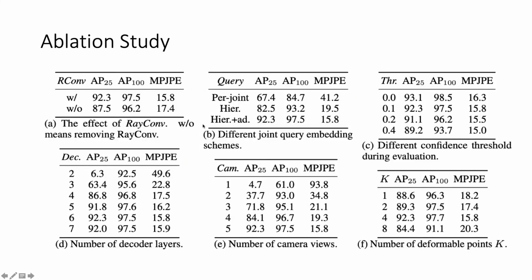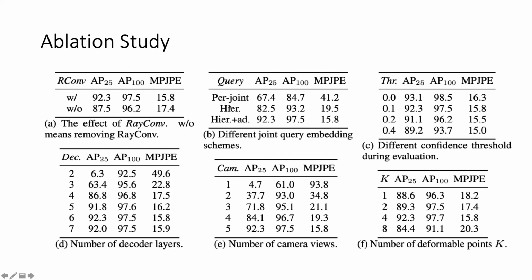We also perform various ablation studies to better understand the method. For example, without reconf, the performance is inferior. This is because the model has no access to the 3D multi-view geometric information, and thus cannot generalize well and cannot accurately predict the 3D location of the joint.